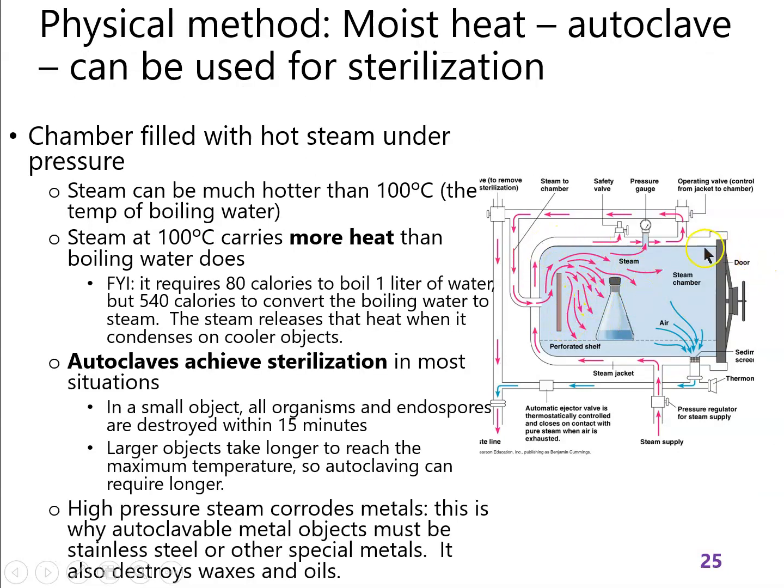And what it's showing is a pressure vessel with a huge metal door that has to hold back this incredible pressure. And this piping, what it does is it introduces steam, and then it's able to pressurize it. Different autoclaves work in different ways, but what they all do is heat the steam and put it in this chamber at a high pressure.